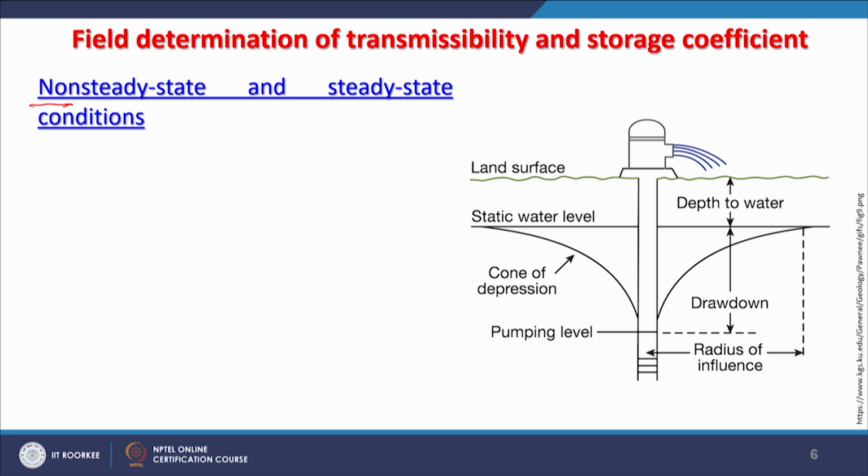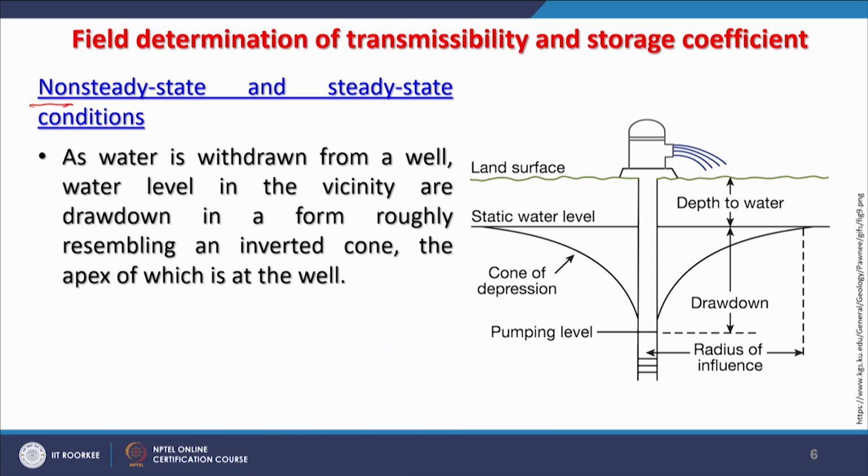If we do not achieve steady state conditions after pumping for 24 hours or 48 hours, then how can we determine the transmissibility and storage coefficient? How things can be performed in such non-steady state conditions, that we will see now.